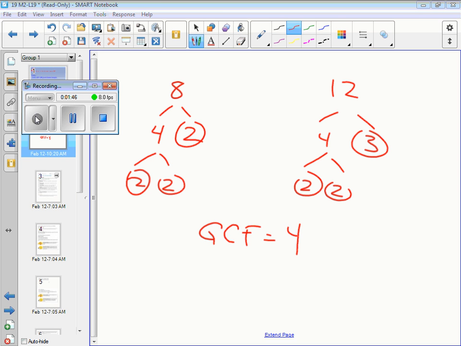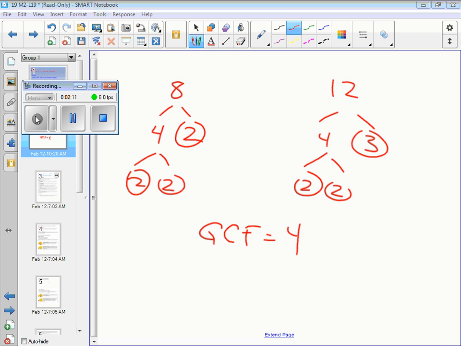Okay, my next question. When you found 24, what is this called? Raise your hand, please. Juliana. That is called your least or your lowest common multiple. Okay? So now I want you to think for a minute.